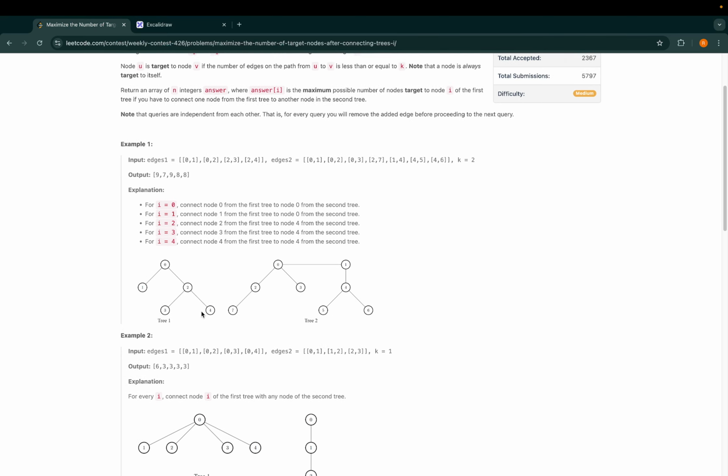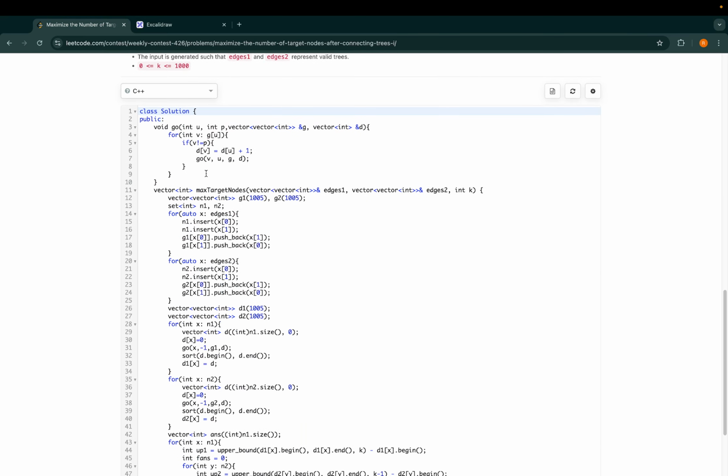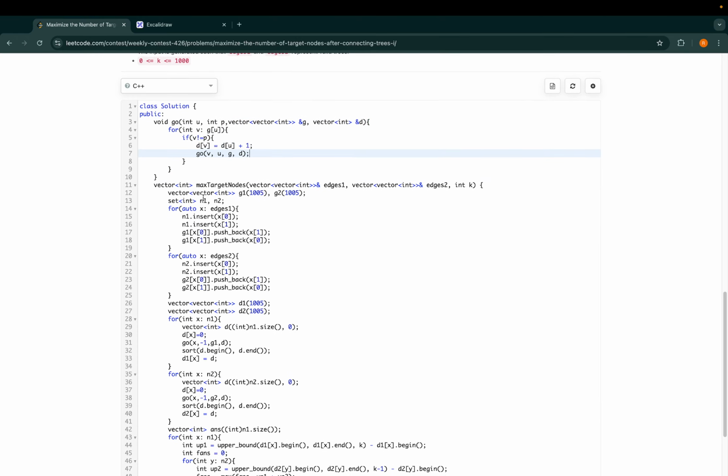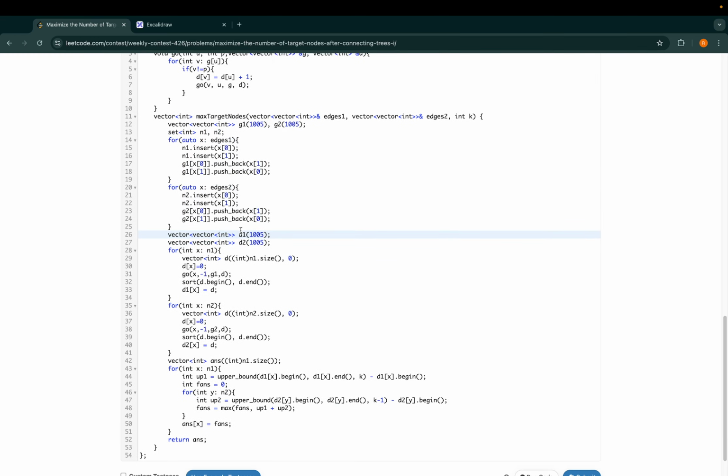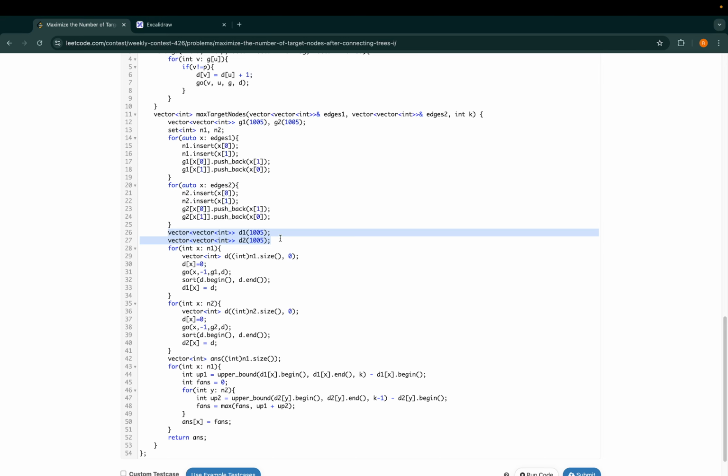Yeah, that's what I do here. This is my DFS where I just calculate the distances of the nodes, and here I make two graphs from the edges, okay, and then I have a distance vector. This is a 2D vector.